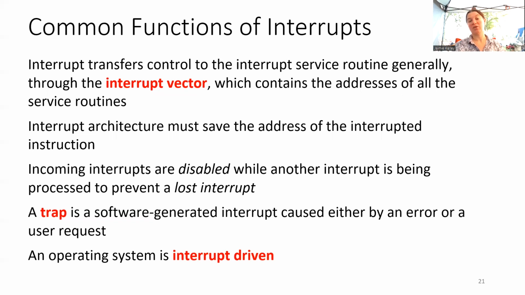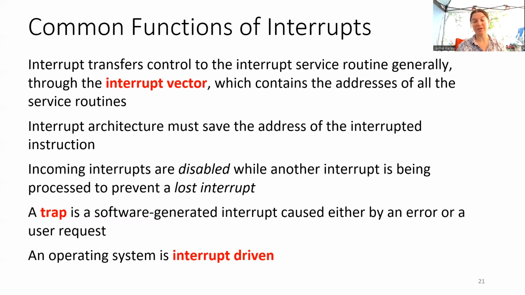So an interrupt is going to transfer control to the interrupt service routine, generally through an interrupt vector. The interrupt vector is what the CPU sees, and it contains the addresses of all of the service routines. It's the interrupt architecture's responsibility to save the address of the interrupted instruction.